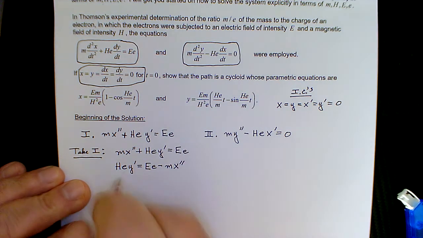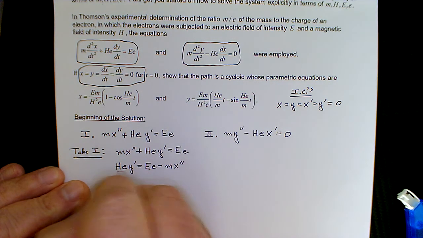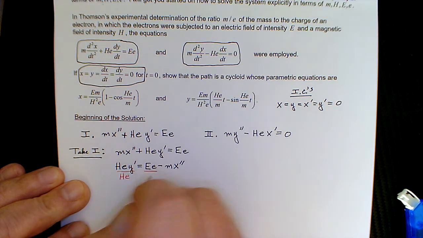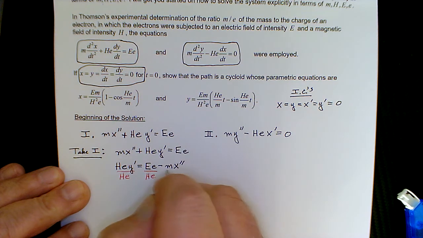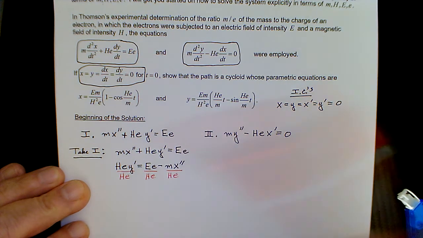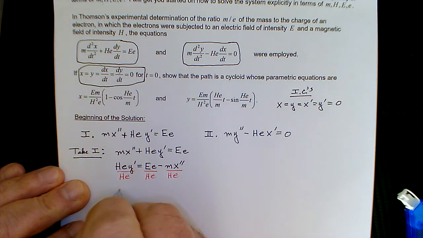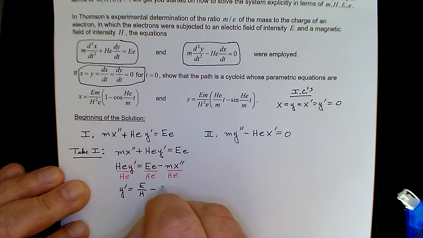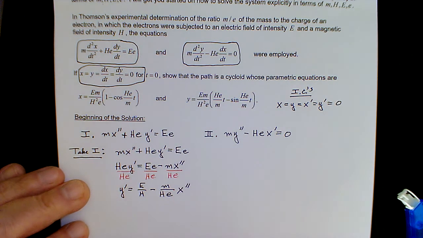And then we're solving for y prime, so we're going to divide by uppercase H, excuse me, and lowercase e. So we'll just divide each term by that. So therefore that gives us that y prime is, these lowercase e's cancel, we get E over h, and then minus, since m, h, and lowercase e are constants, put them out in front, m over h e, of x double prime.